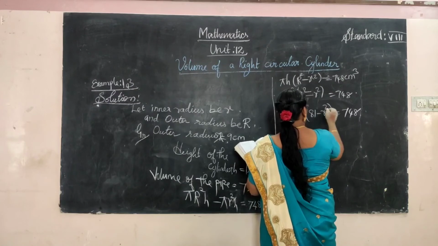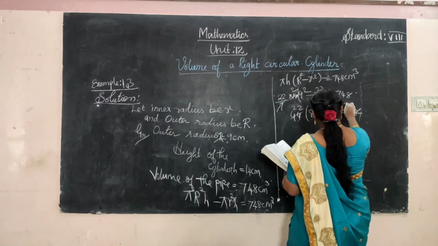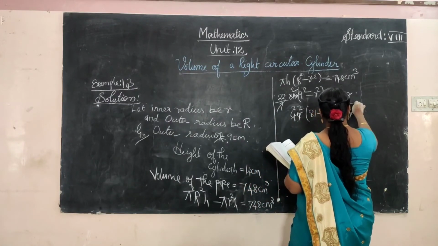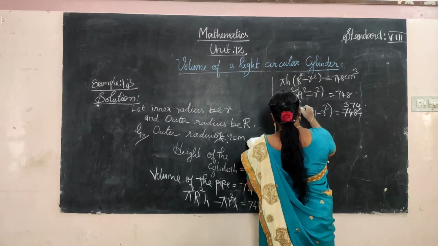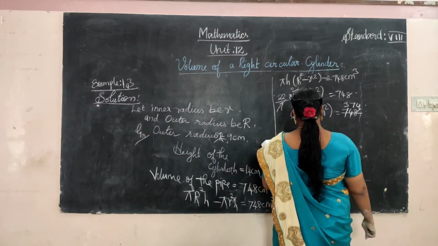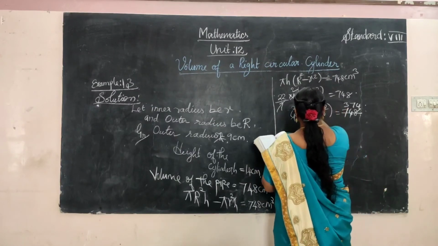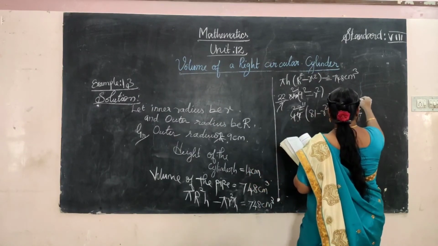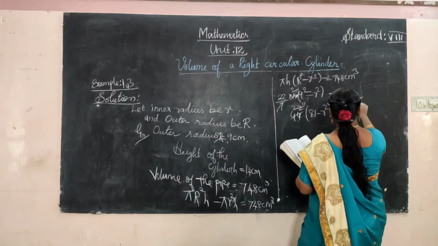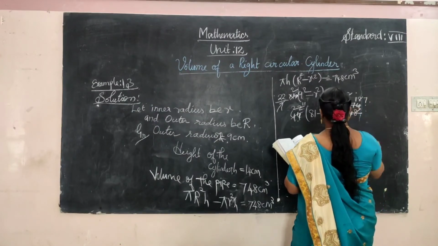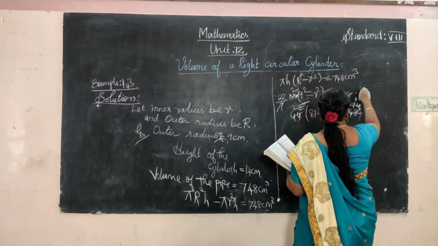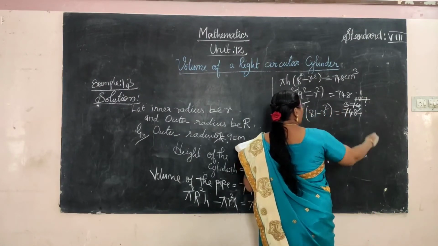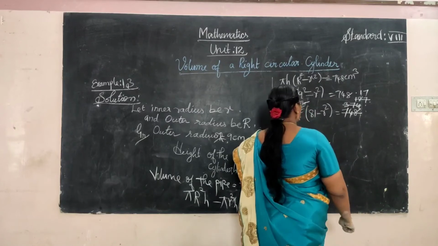Again it will cancel in the 2 table: 2 threes are 6, 2 sevens are 14. Again it will cancel in the 11 table: 11 ones are 11, 11 sevens are 77.